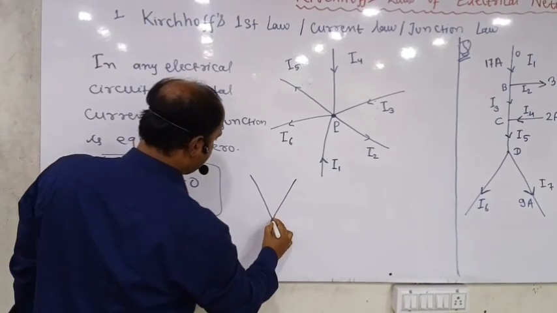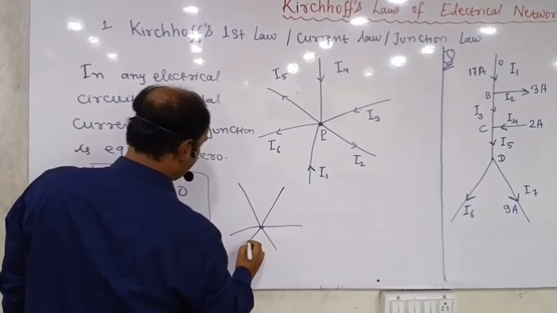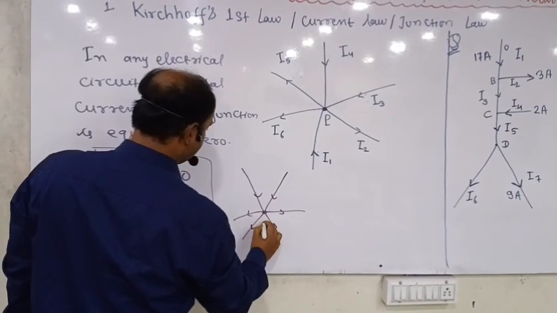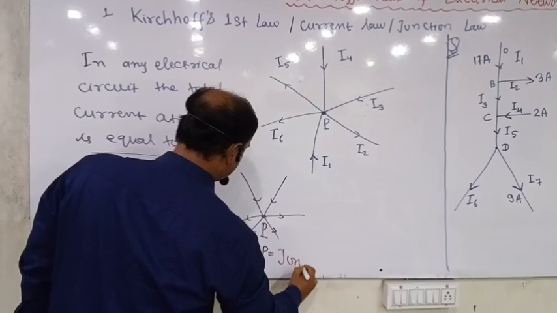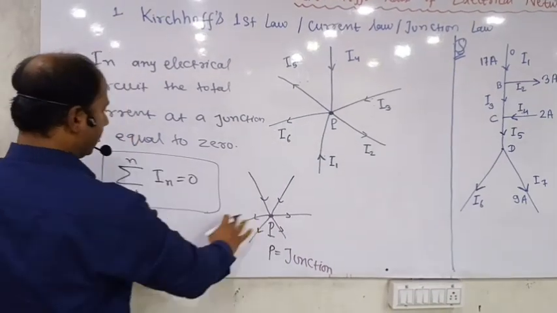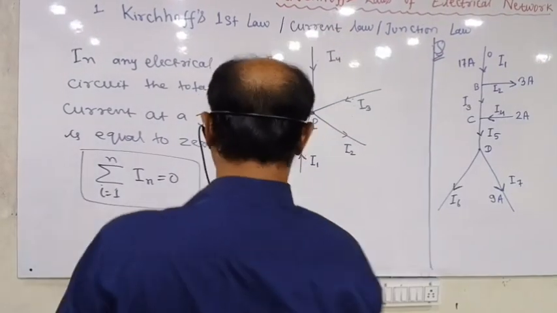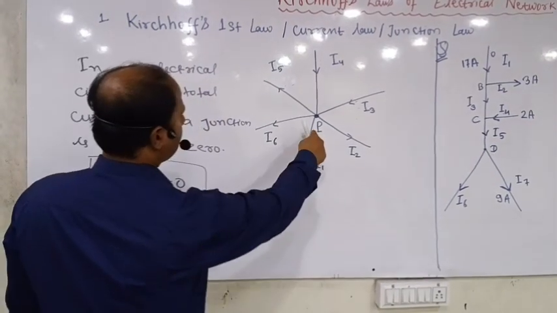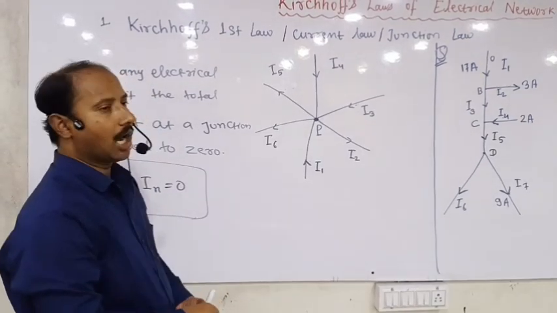A junction is a point where two or more wires meet. In this given figure, this point P is called a junction. So at the junction P in the diagram, some currents are incoming currents and some currents are outgoing currents.